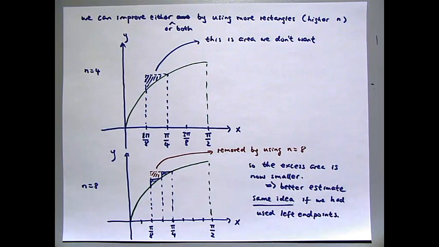That's the takeaway from that. Any question on this Riemann sum idea? You have plenty of chances on the homework to try it out, but does the idea make sense? Yeah? Okay, good.